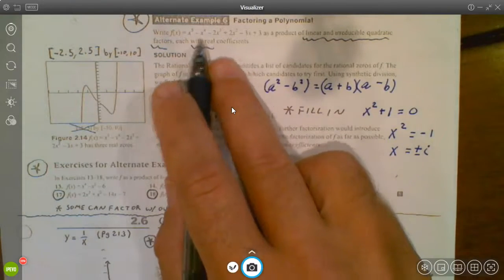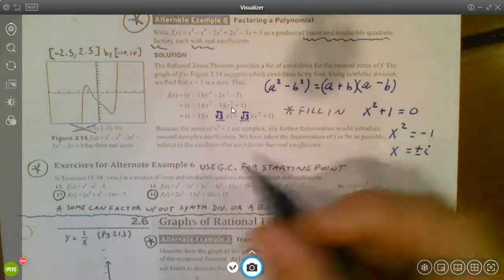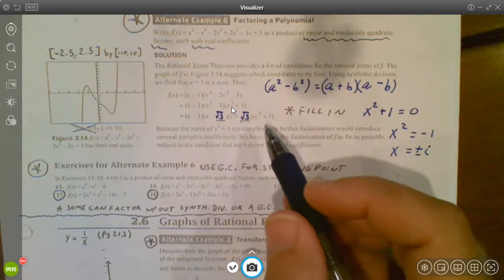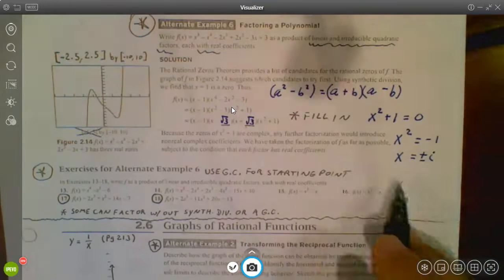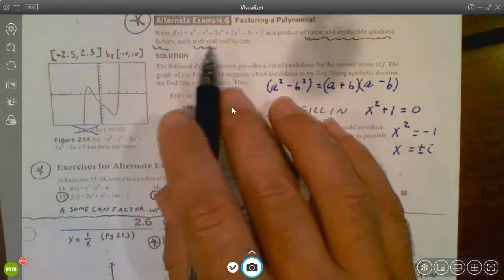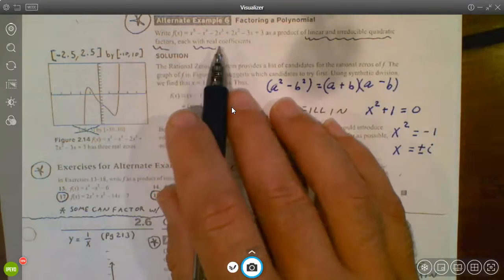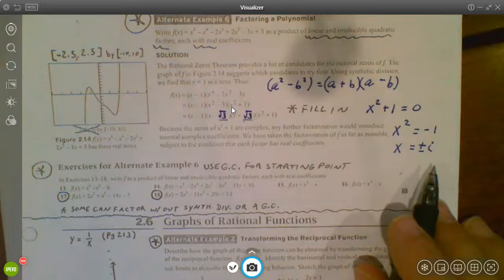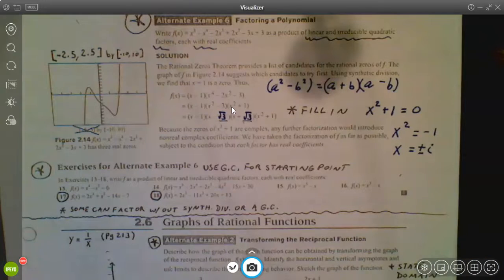If they want only real coefficients, then this one would need to stop here. I can't keep going like I did in the last problem, just based on the wording of these directions. If they didn't say this, we could have broken this down like we did in the last problem, and I could have said my remaining two factors are x plus i and x minus i. But just based on these directions, this is why you've got to always read directions really carefully and stop where they want you to stop.